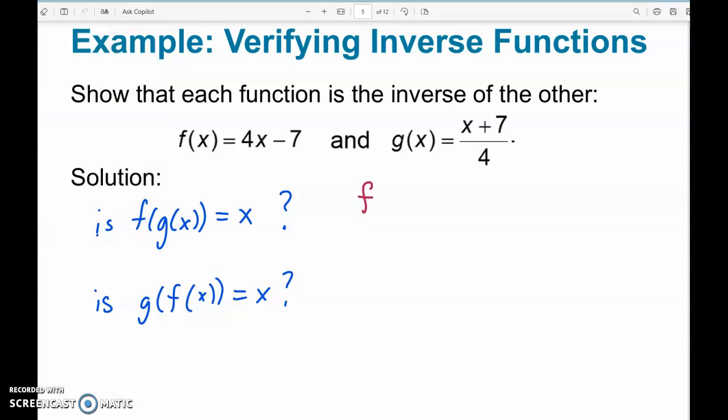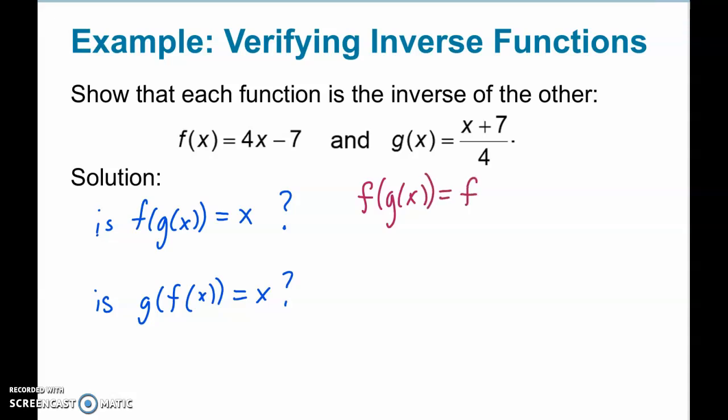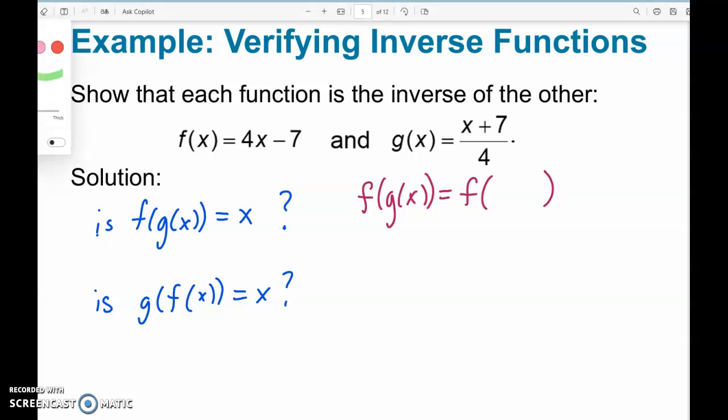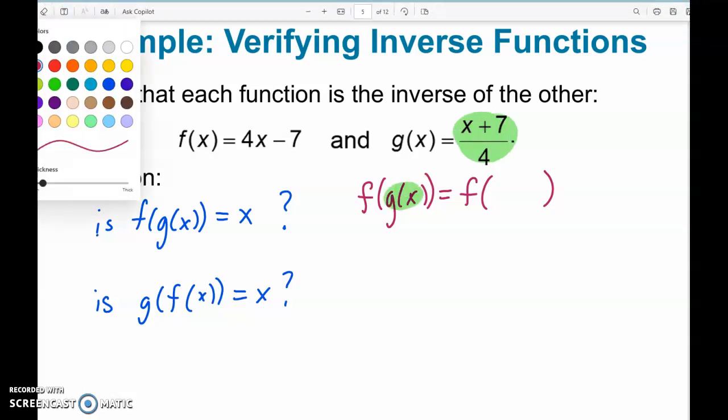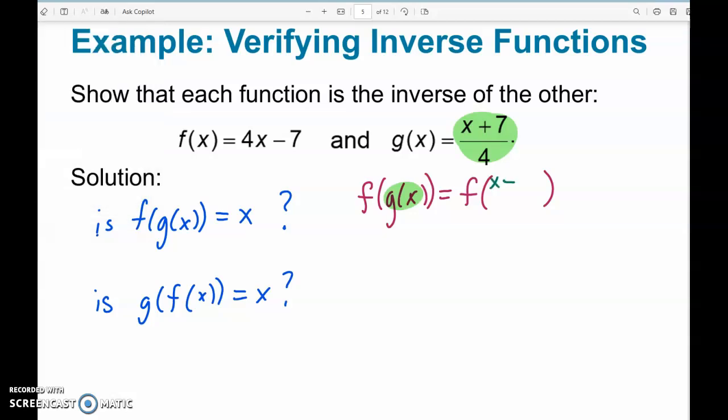We're going to say f of g of x. And here is g of x. I'm going to put it in place here. So g of x is the expression x plus 7 over 4.